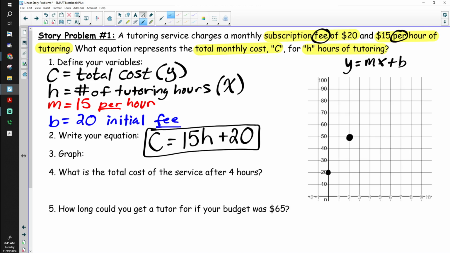Now I can graph a line. So I only need my 2 points. Oh my gosh, it's laggy. Okay. Well, when it's done finally moving, there we are. Okay, so here's the graph.